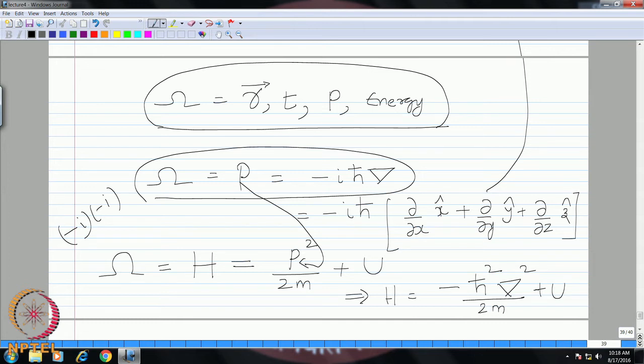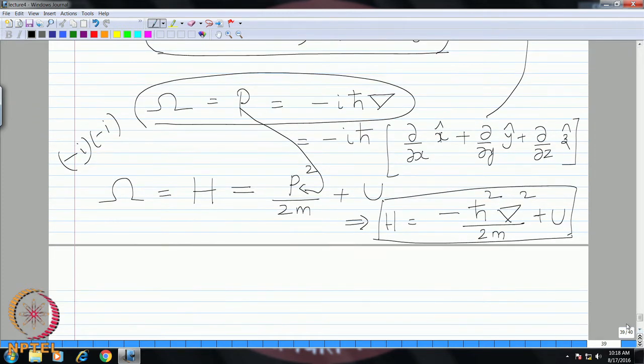Okay. So, you remember now if you go back to the Schrodinger's equation, the structure of the Schrodinger's equation on the left hand side. So, if you just multiply this by the wave function, this is basically the operator that is on the left hand side of the wave equation. So, that is why we call that operator the Hamiltonian or the energy operator, because the energy operator itself is nothing but minus h bar square del square by 2m plus u.